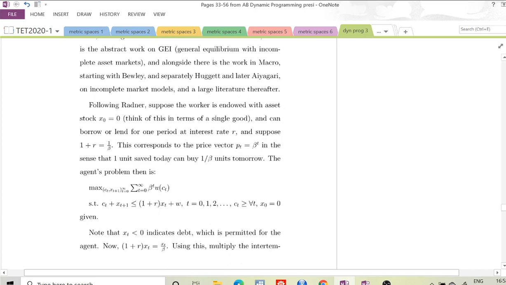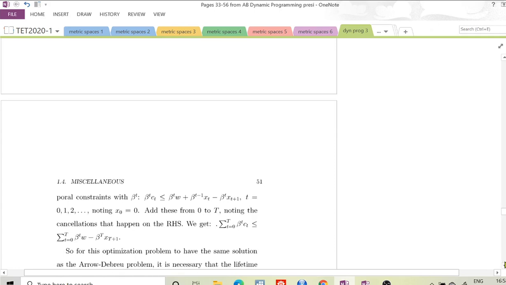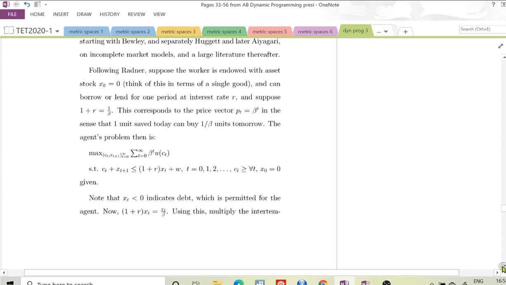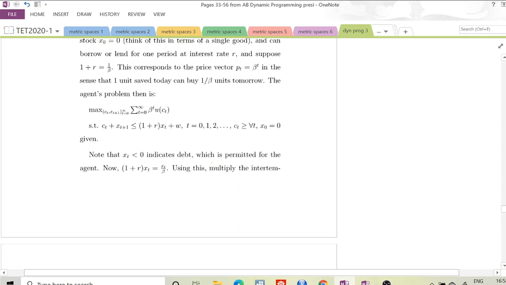Okay, so here these now are intertemporal budget constraints, today and tomorrow. And we've seen this kind of budget constraint in earlier examples, so you can take a look at that. Right? I can replace the 1 plus R times x_t with x_t by beta.